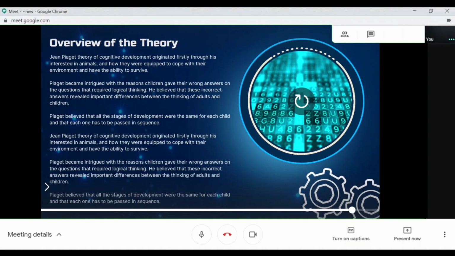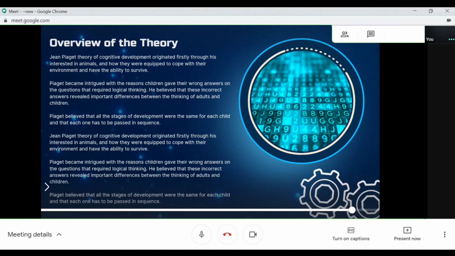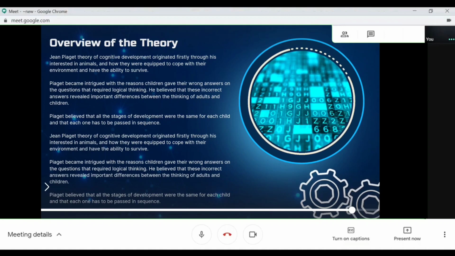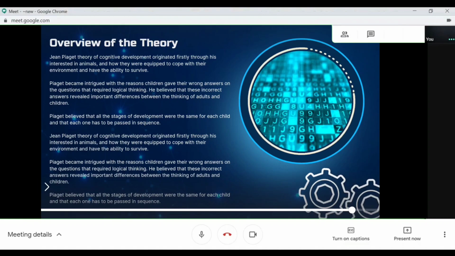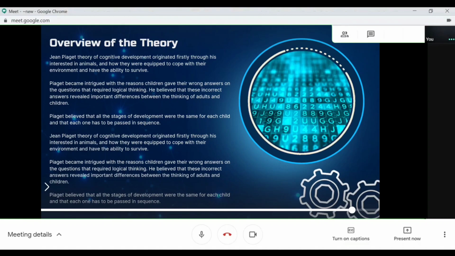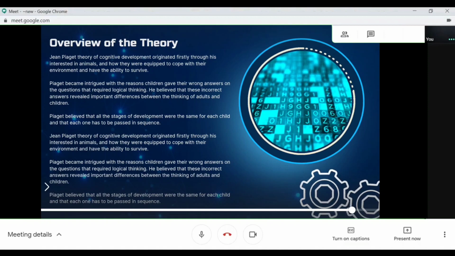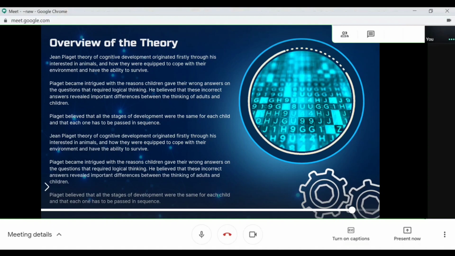Okay, so next is the overview of the theory. Of course, Jean Piaget's theory of cognitive development originated first through his interest in animals and how they were equipped to cope with their environment and have the ability to survive. Next, Piaget became intrigued with the reasons children gave their wrong answers on the questions that required logical thinking.